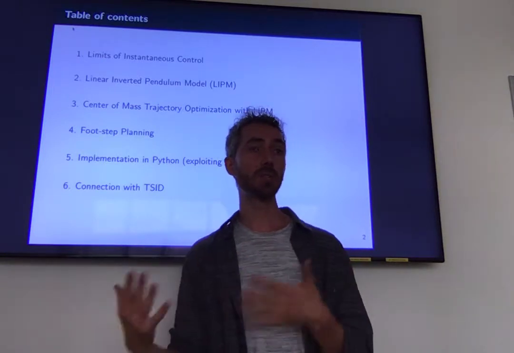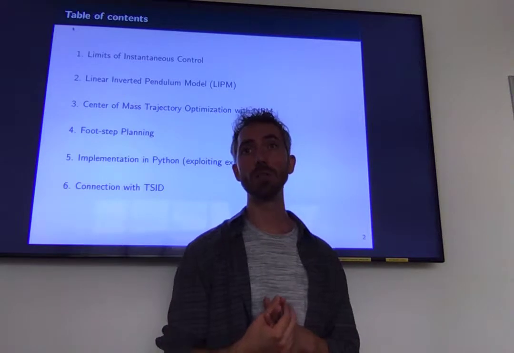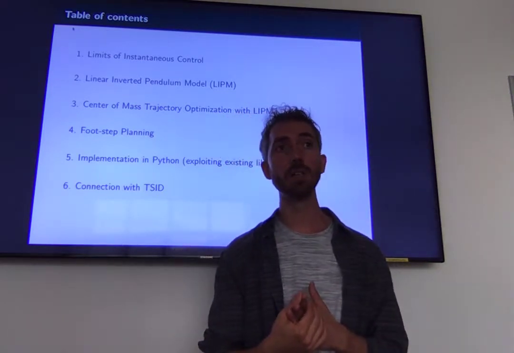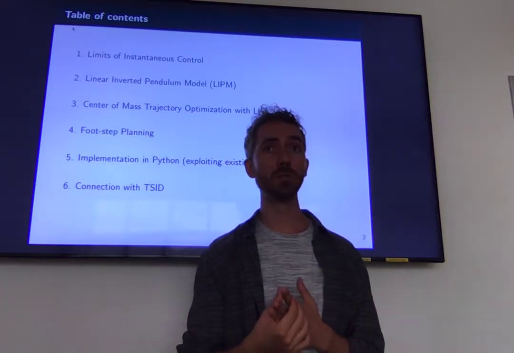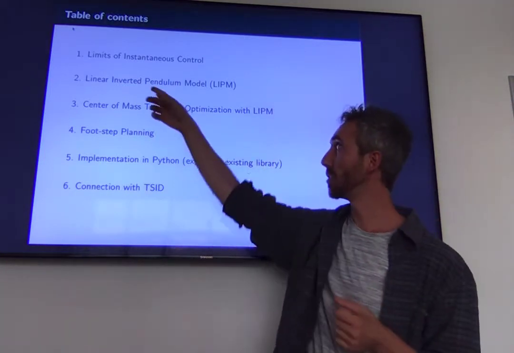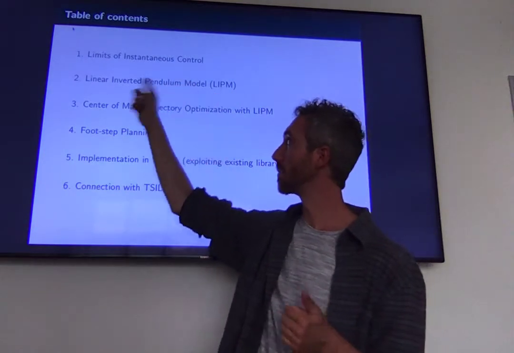Because applying trajectory optimization for the complete dynamical model of a walking robot, we will see that is very, very difficult and computationally demanding. So very few people do that. Most people use simplified models, and especially this is the most common one, so we're gonna go through it.